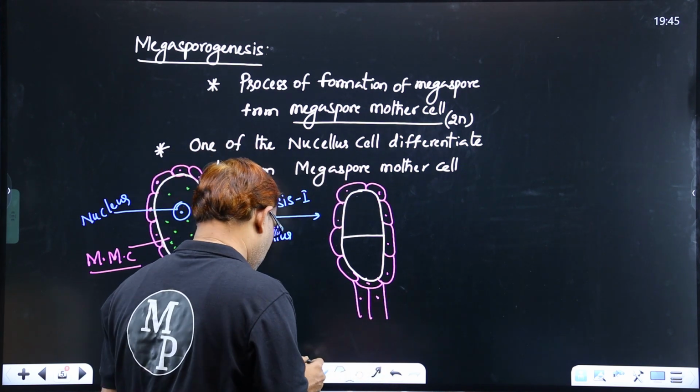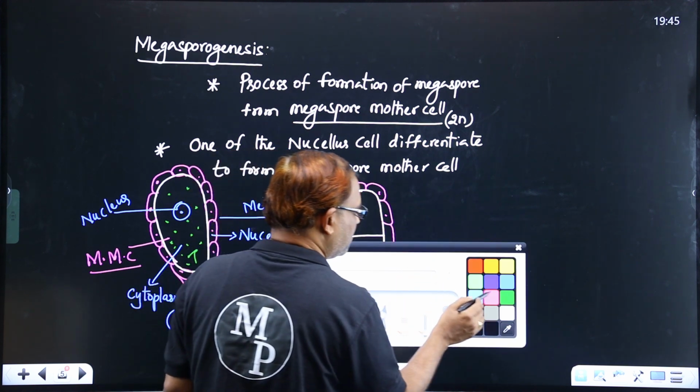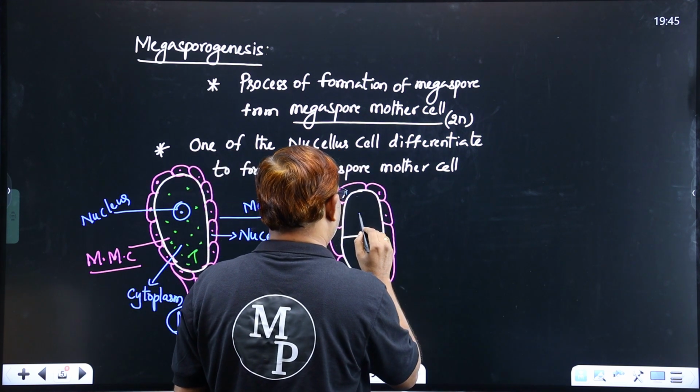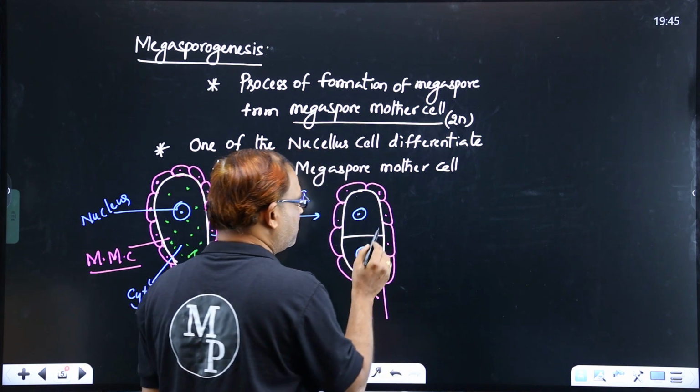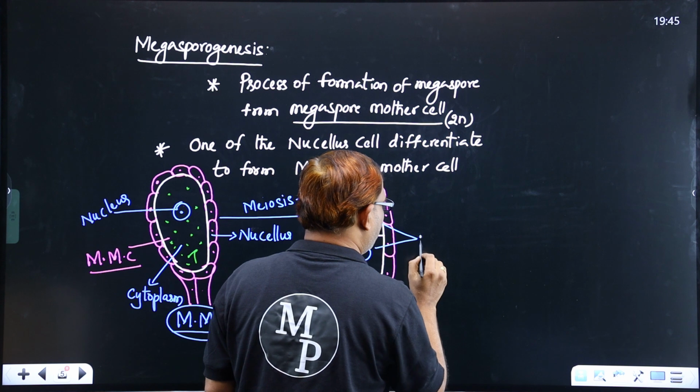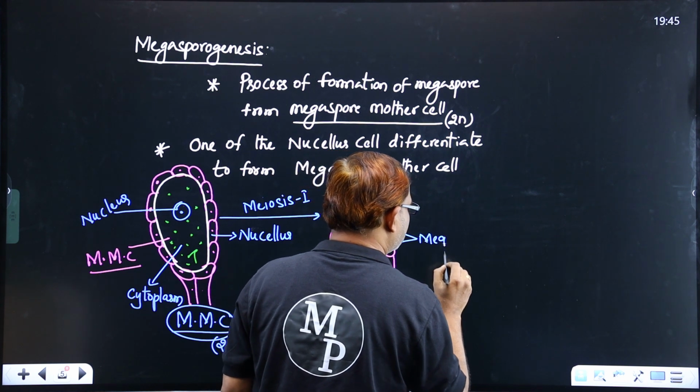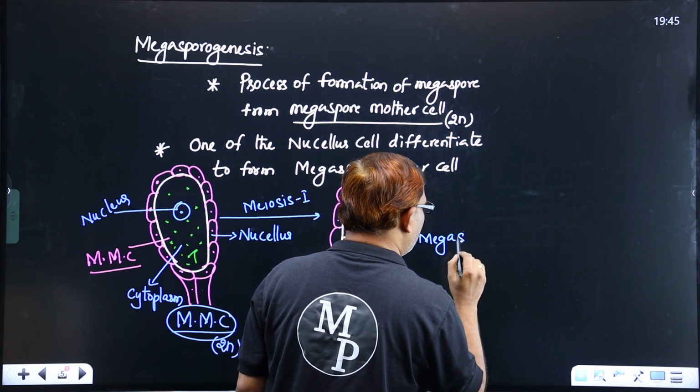That leads to the formation of two megaspores, which is called the megaspore dyad.